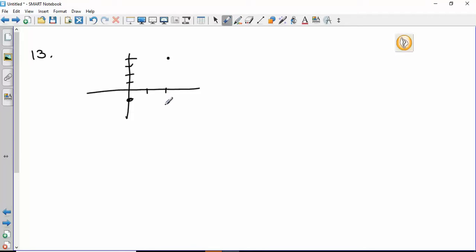Okay. If I look at this, it tells me it's a polynomial, and that is a really important piece of information. Because if it's a polynomial, that means it is continuous and differentiable, right? So the mean value theorem has to work here.